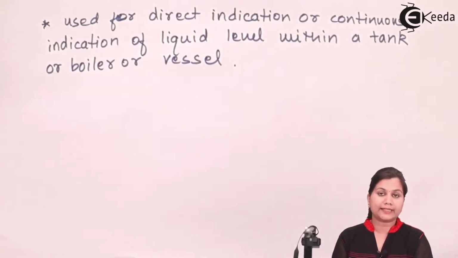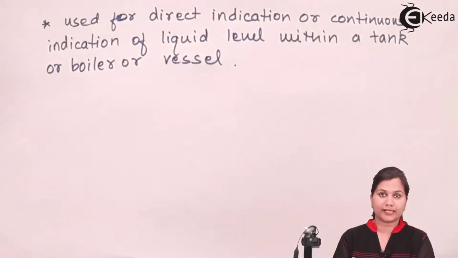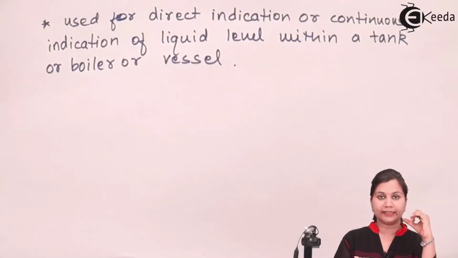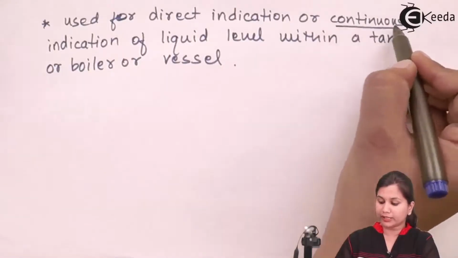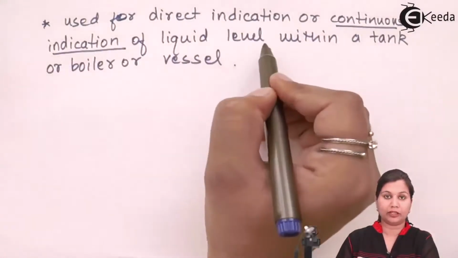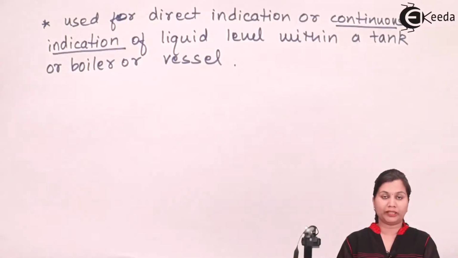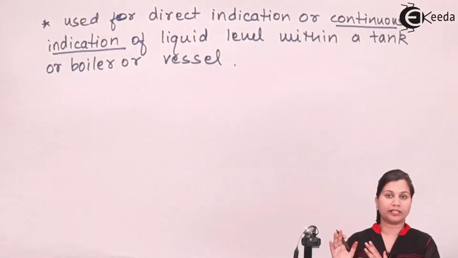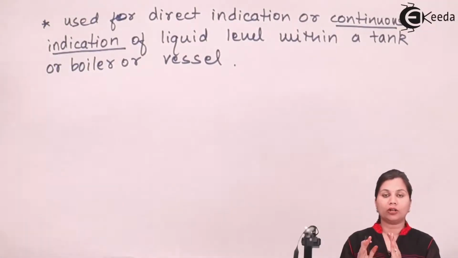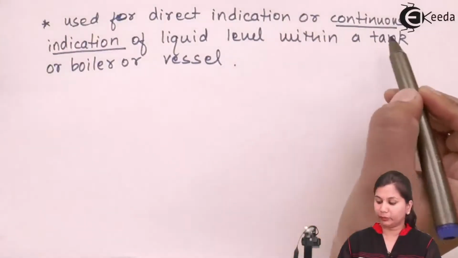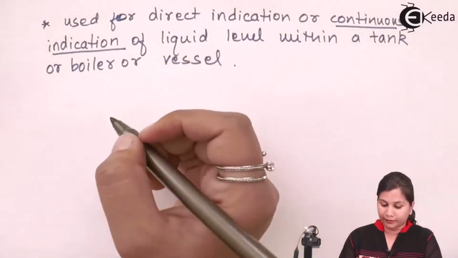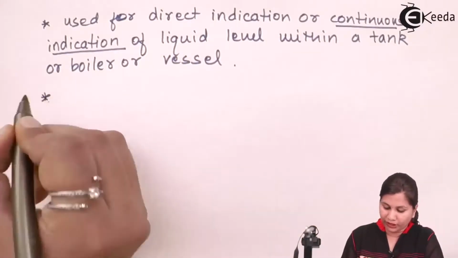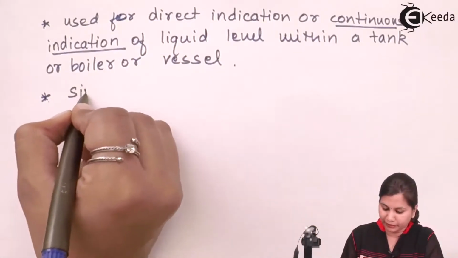This sight glass tube method, or gauge glass method, gives us the direct indication or direct reading of the liquid level. Also we can say that it is used for continuous indication, because it will continuously give us the readings of the level of the liquid which is contained within a tank, boiler or vessel. So we can say that it is the simplest method.